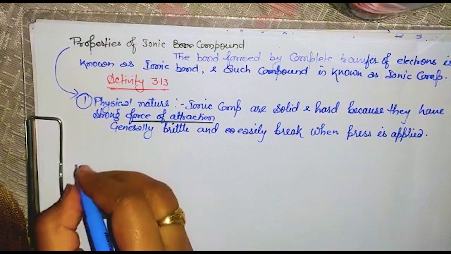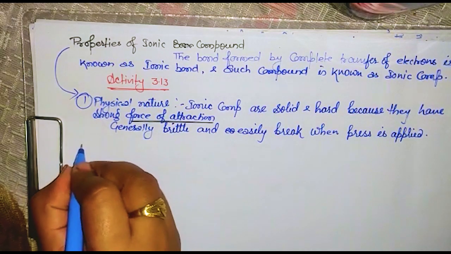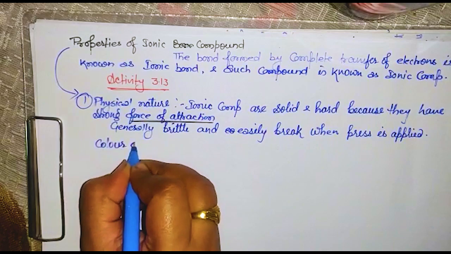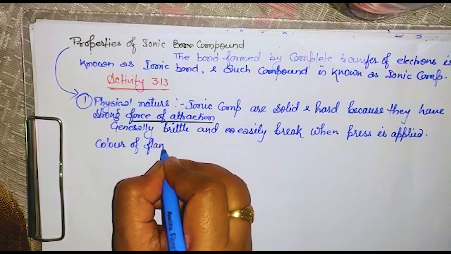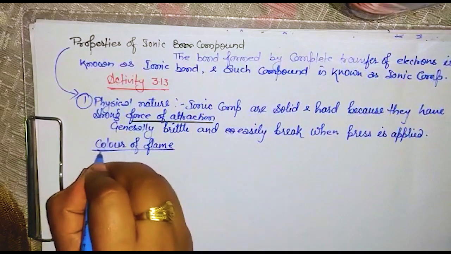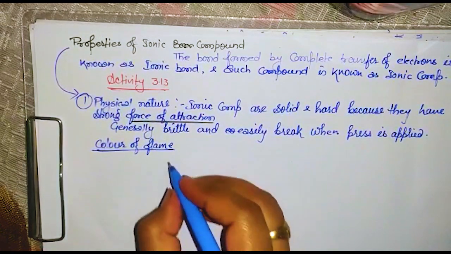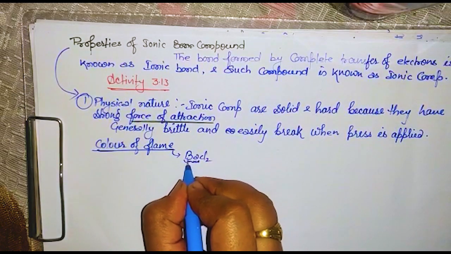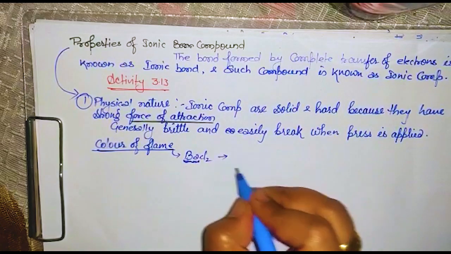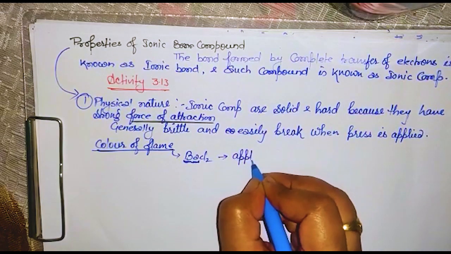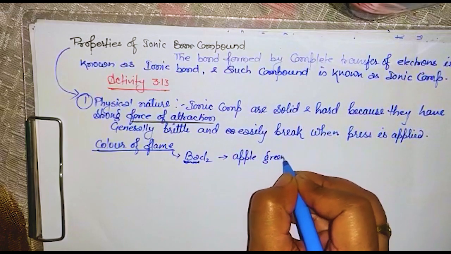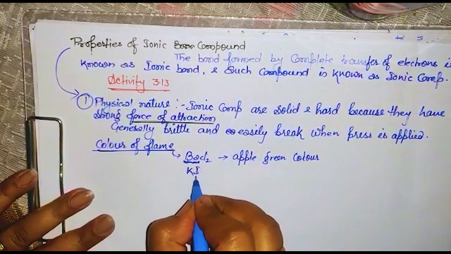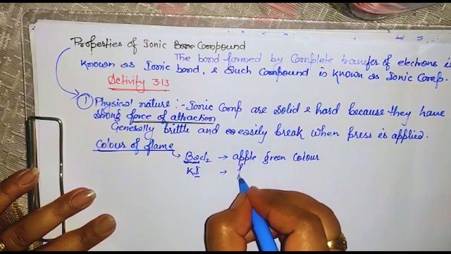One thing, the flame, the color of flame. In general, you will see that barium chloride salt, I told you to take barium, will give you apple green color. If iodine, it will give you purple color.